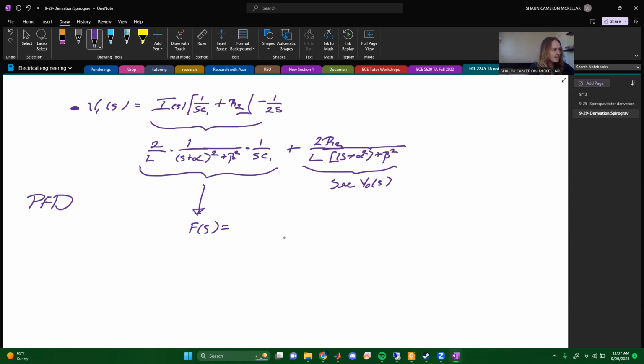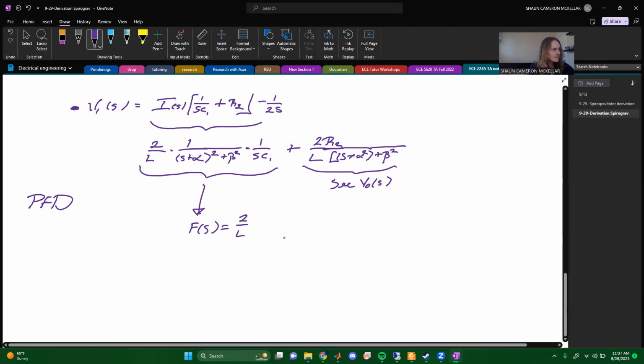So I'll just write it out. 2 over L times 1 over SC1 times 1 over S plus alpha squared plus beta squared.